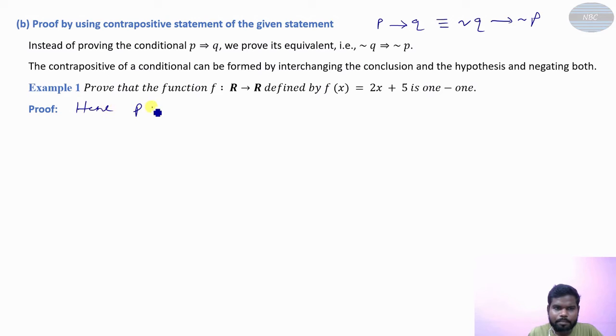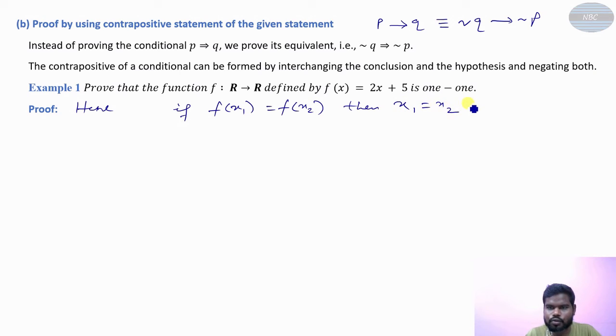So p is: if f(x1) is equal to f(x2), then x1 is equal to x2, by the definition of a one-one function. Here the first element is p, and x1 equal to x2 is q.